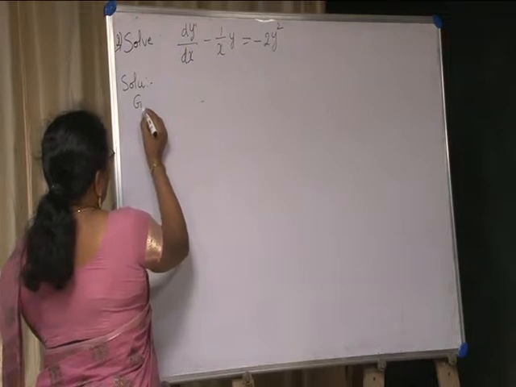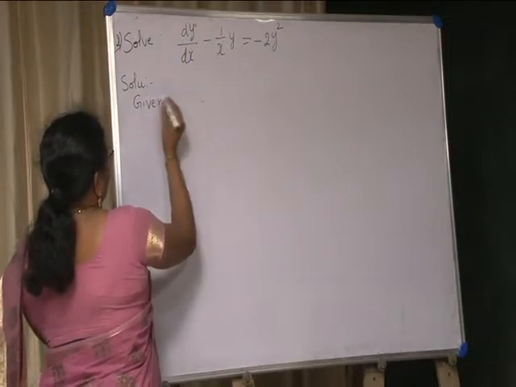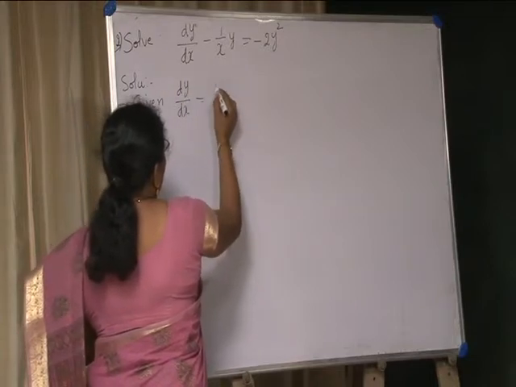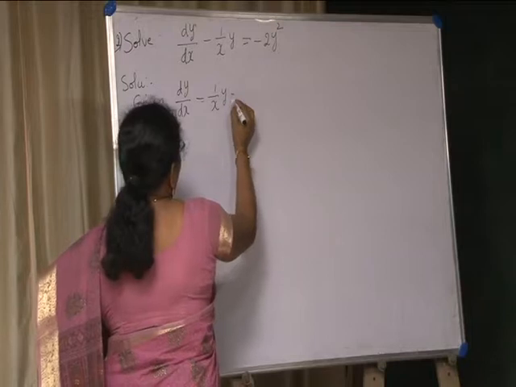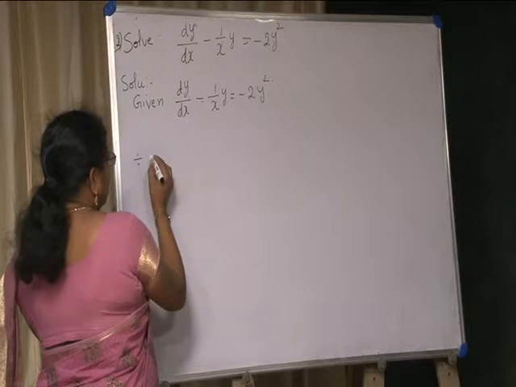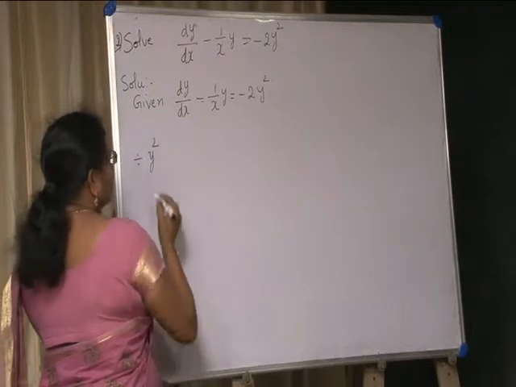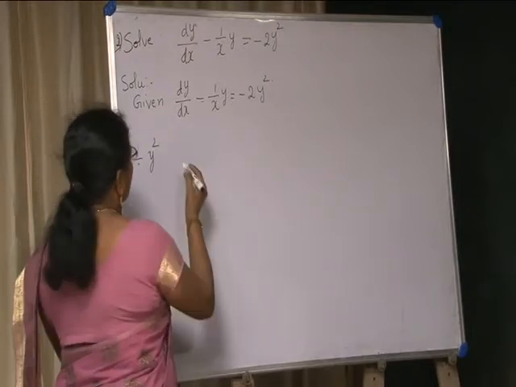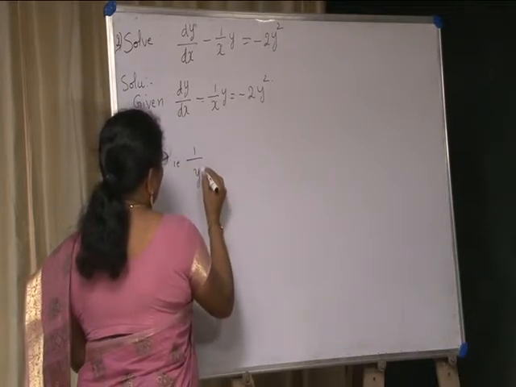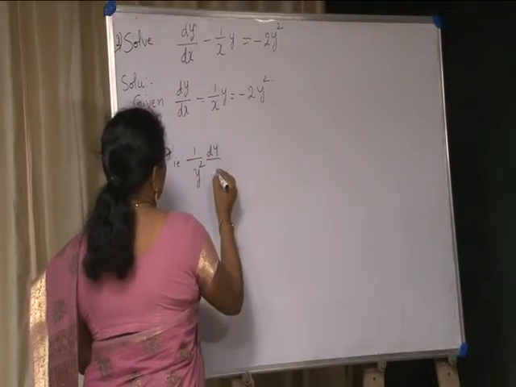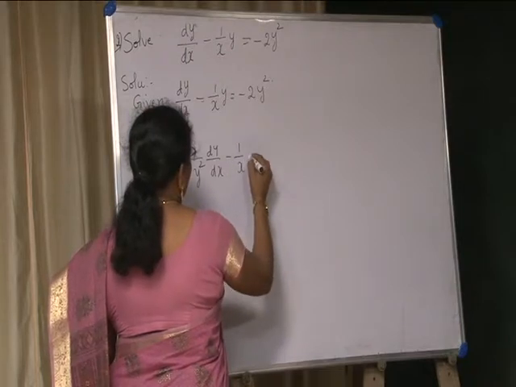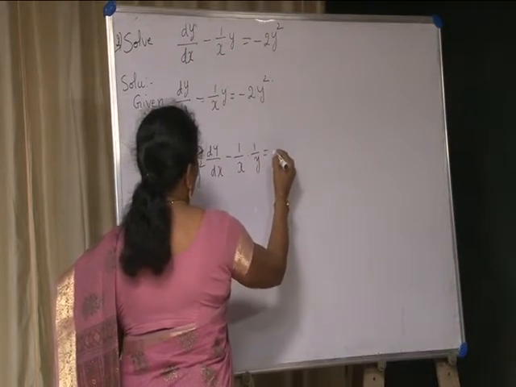Given dy by dx minus 1 over x into y is equal to minus 2y squared. Divide the equation by y squared, that is 1 over y squared dy by dx minus 1 over x times 1 over y is equal to minus 2.